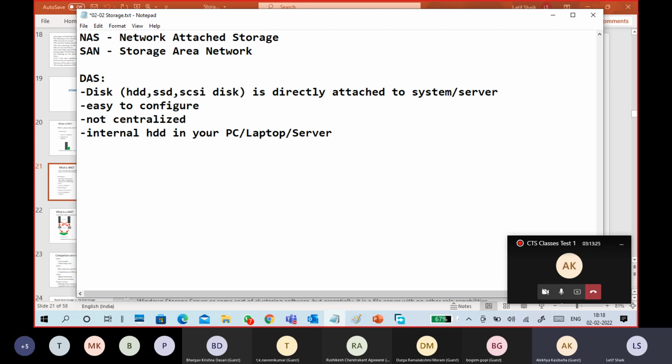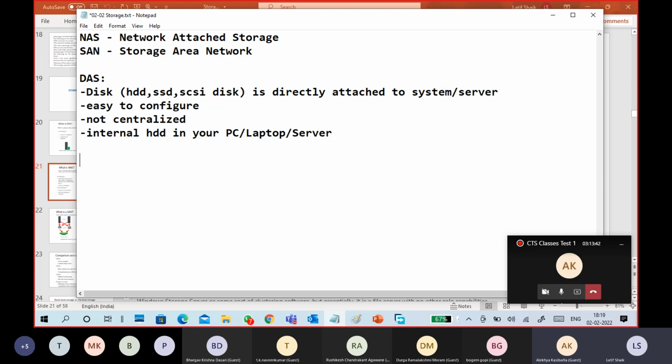Inexpensive, but it is isolated, guys. Like I have a hard disk. From my mobile phone, can I access the data? It's not much easy, right? Make sure that my system should be on. My system should give you permission to access. So there are a lot of rules on my system.